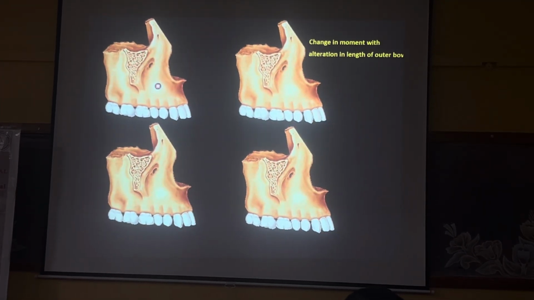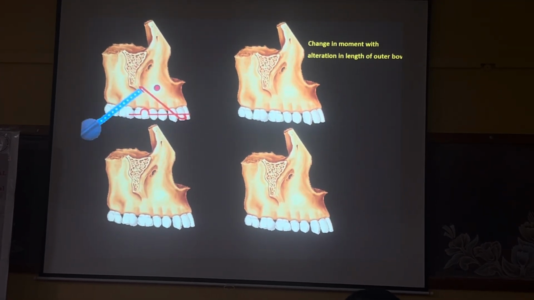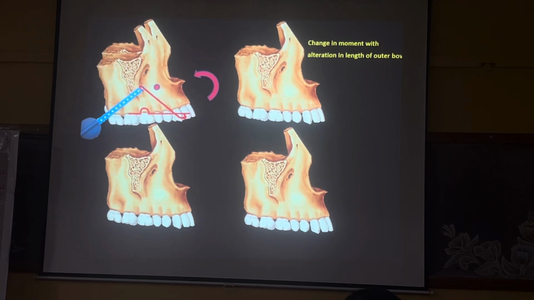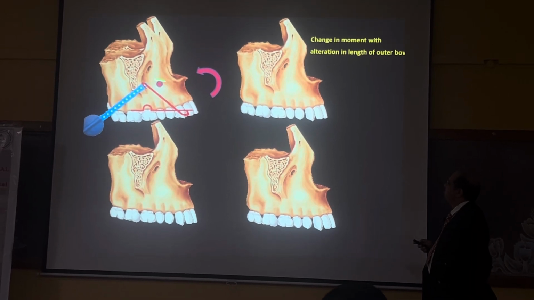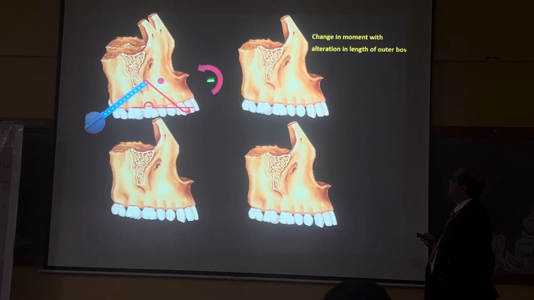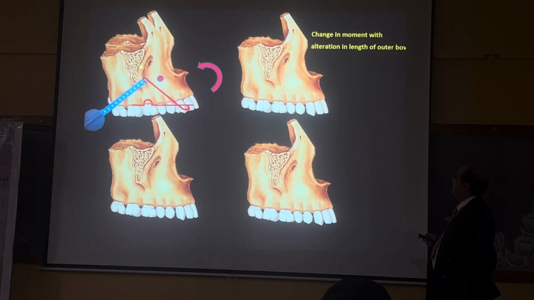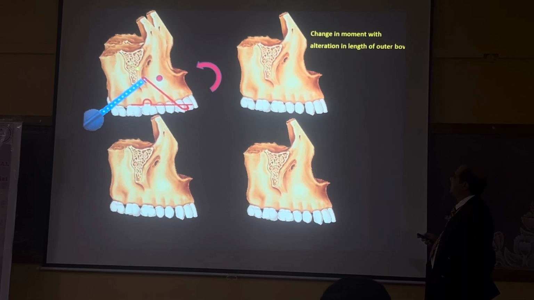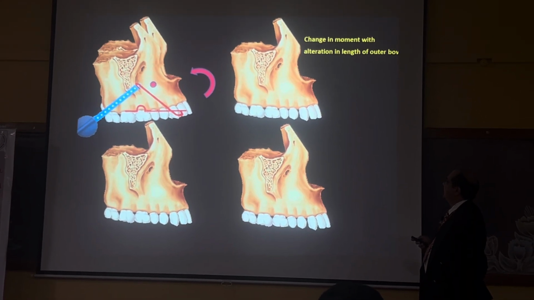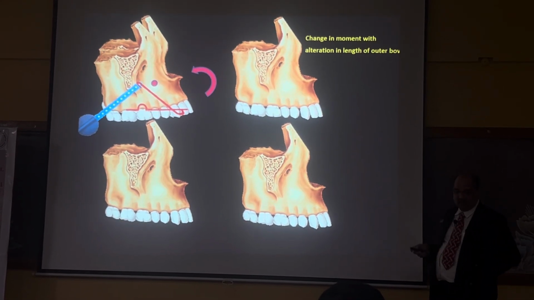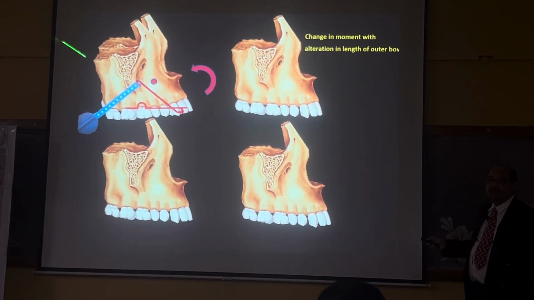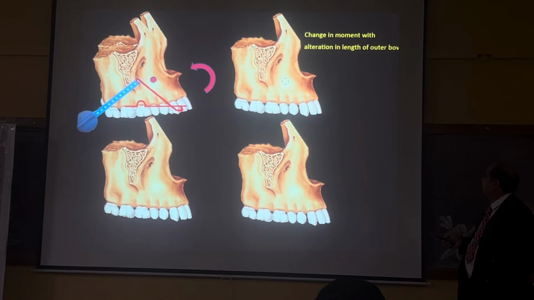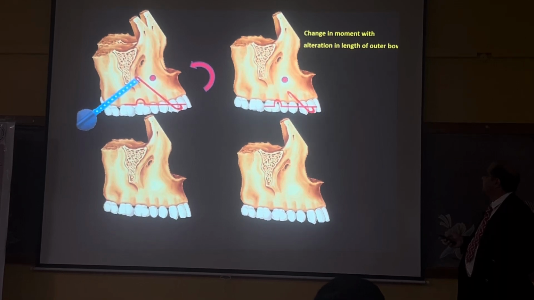Now let us look at this. What I am going to do here is alter the length of the outer bow. Here I am keeping it behind the center of resistance and above, so you are getting an anti-clockwise move. I am just going to alter the length. The direction is going to be the same.